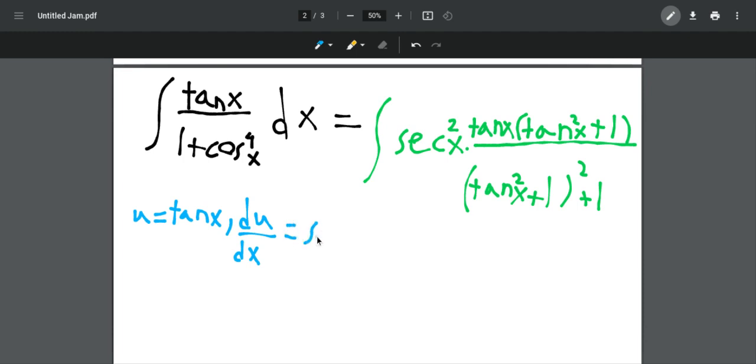Because our integral is in terms of x, we want to solve for dx. So dx is equal to 1 over secant squared x du.